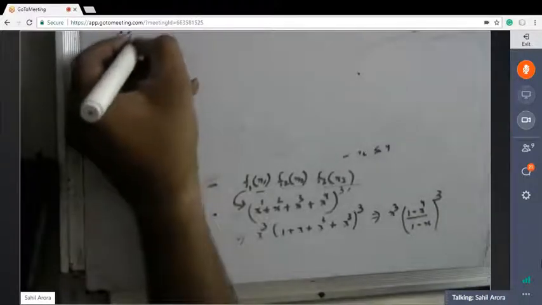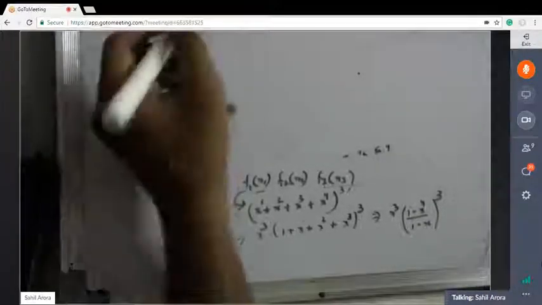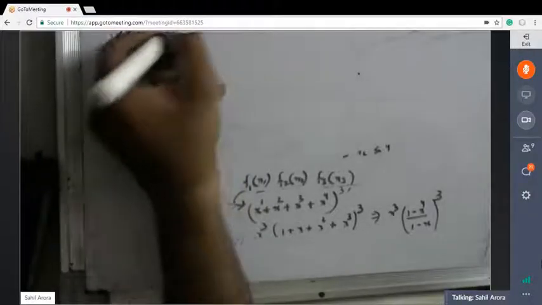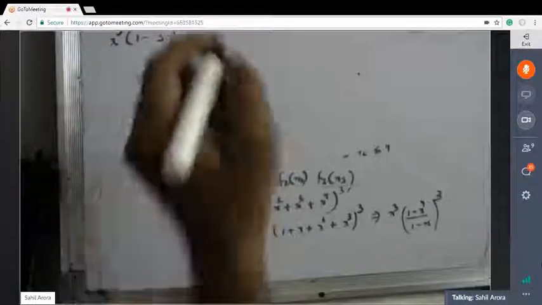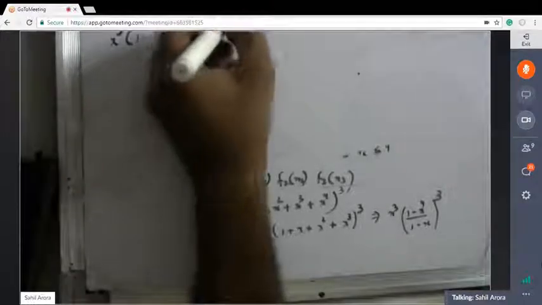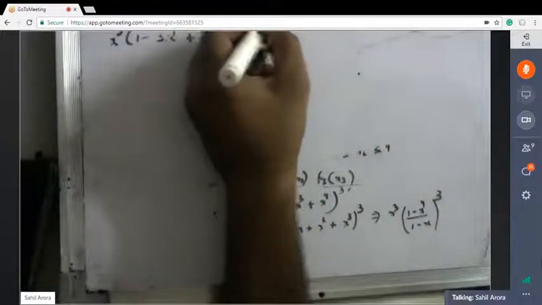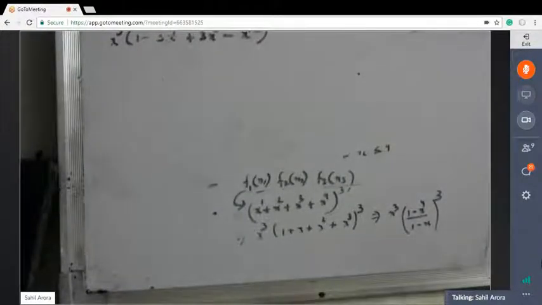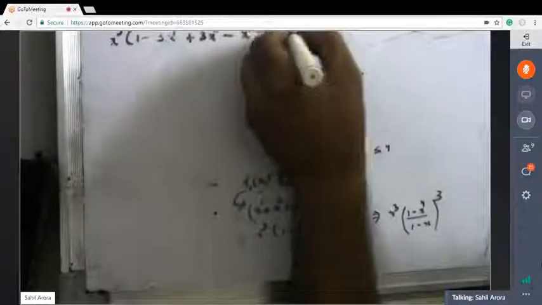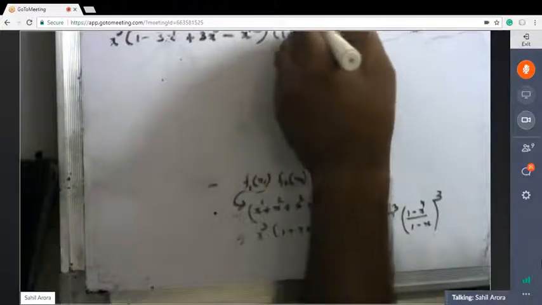It would become 1 minus 3x to the power 4 plus 3x to the power 8 minus x power 12, and the remaining is (1 minus x) whole power minus 3.